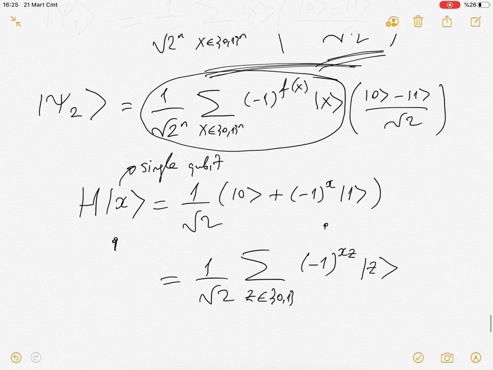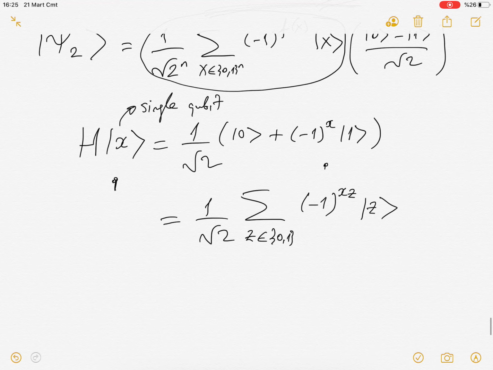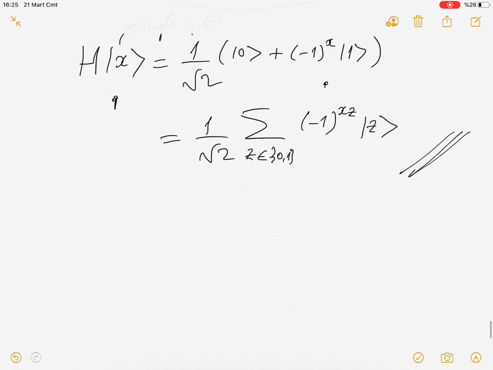What about the behavior of the Hadamard transform on an n-qubit register? So let's keep this equation in mind, and let's try to write the behavior of an n-qubit Hadamard transform on an n-qubit register. Okay, suppose that we have an n-qubit state x.